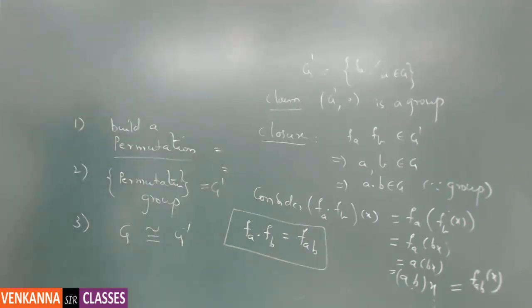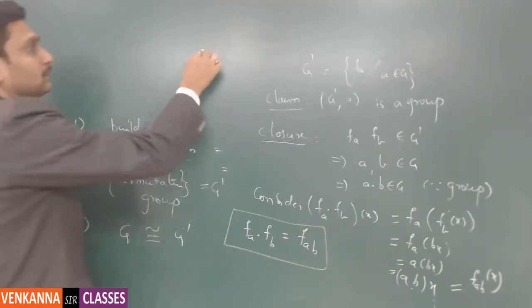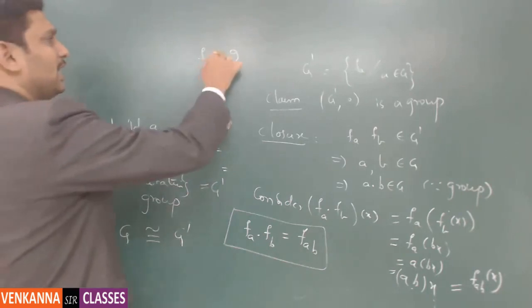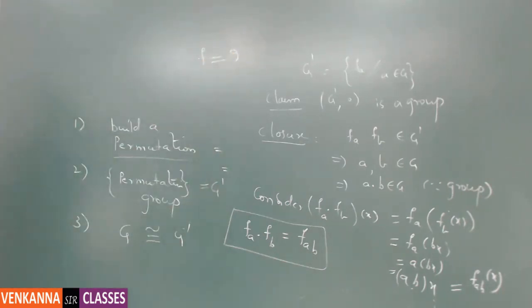So if you want to show that, let me say I have two functions with me, F and G. Now the question is, if you want to say that these two functions are the same or equal, how do we verify? I have given two functions and I have asked you to verify whether f equals g or not. Then on what basis can you confirm that they are equal?